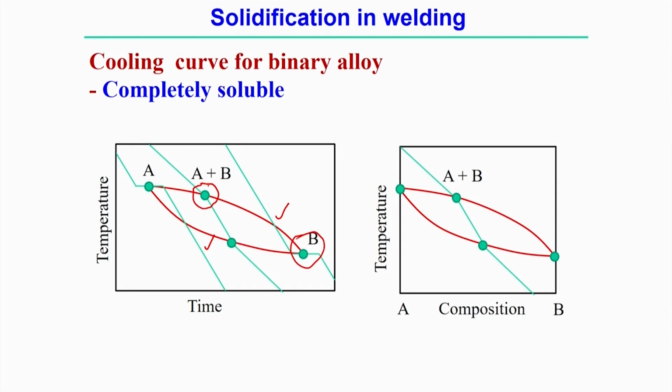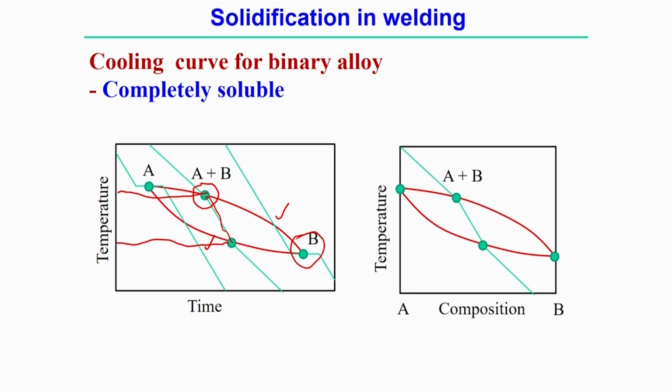The change of phase happens over a range of temperature: here corresponds to the solidus temperature, and here corresponds to the liquidus temperature. So it starts from the liquidus temperature and comes to the solidus temperature, and that phase change happens over this range of temperature, because it is an alloy system.